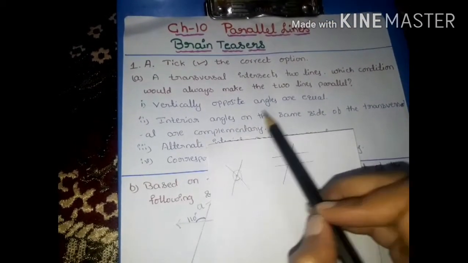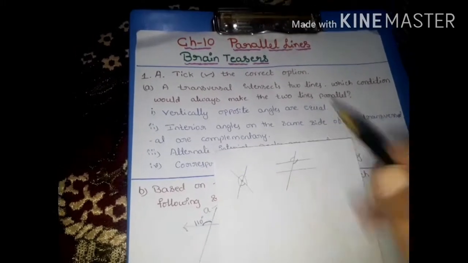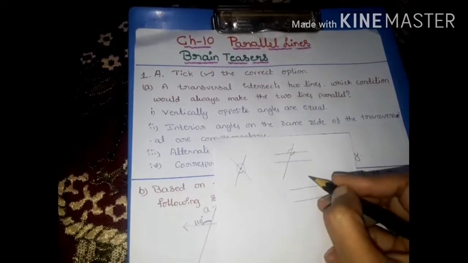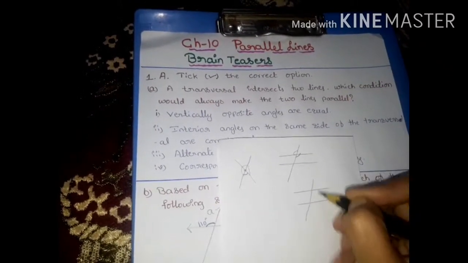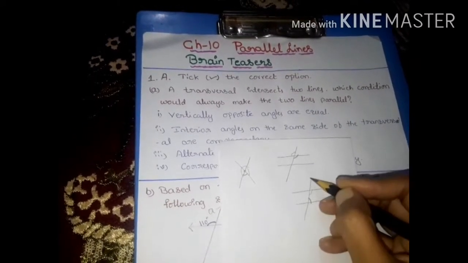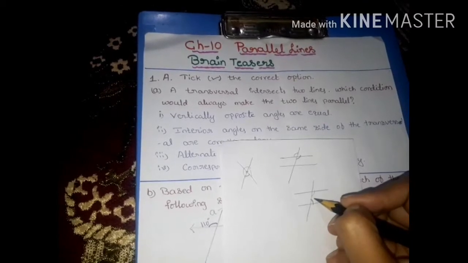Interior angles on the same side of the transversal are complementary. These two lines, a transversal line cuts these two lines. This is the transversal. These two are interior angles and also on the same side of the transversal.